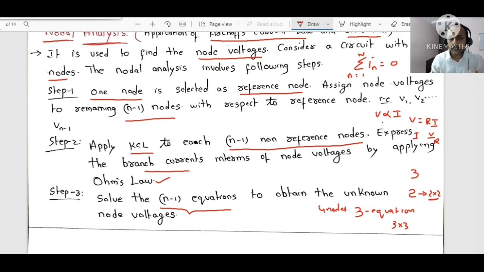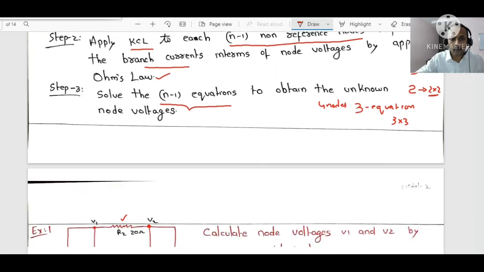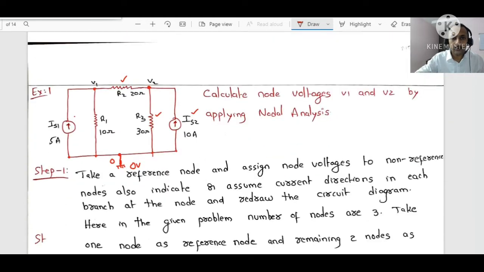Third step, you will get n-1 equations which are to be solved. On solving those equations you will find out the unknown node voltages. These 3 steps are very, very important. Clear? Right. Now let me apply these 3 steps and solve the problem in a step-by-step manner.